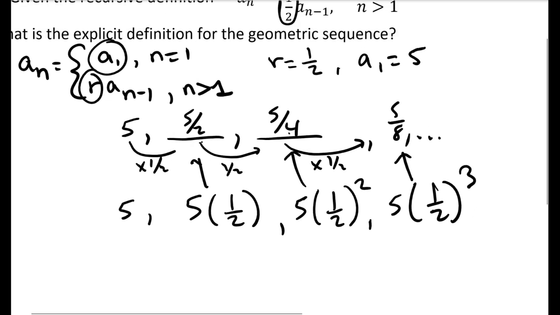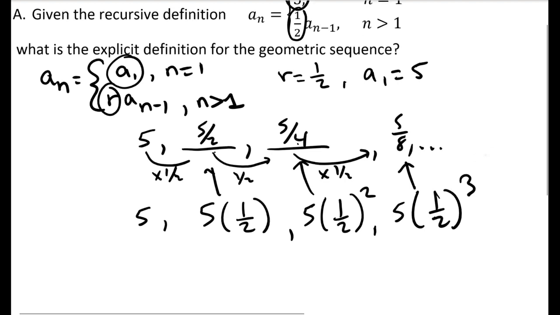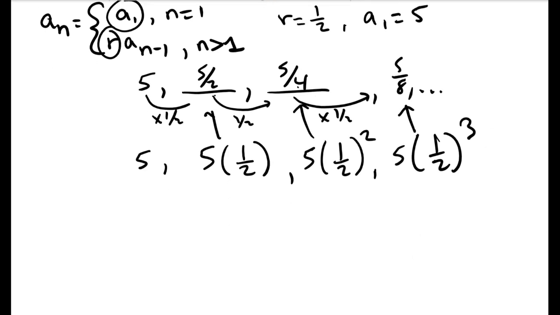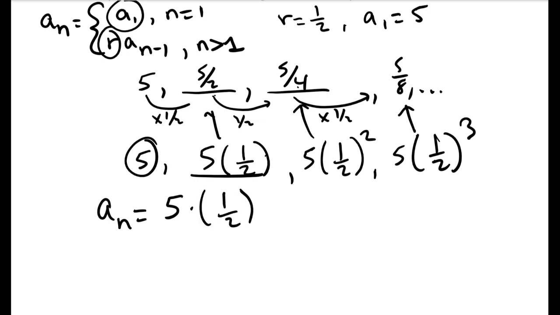So the explicit definition is given by the following formula. In this case, we can kind of tell: an equals, so clearly we start out with 5, and then we got a half. This is clearly a pattern, 3, 2, 1.